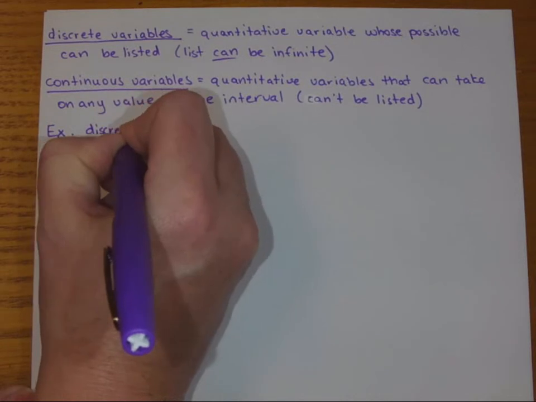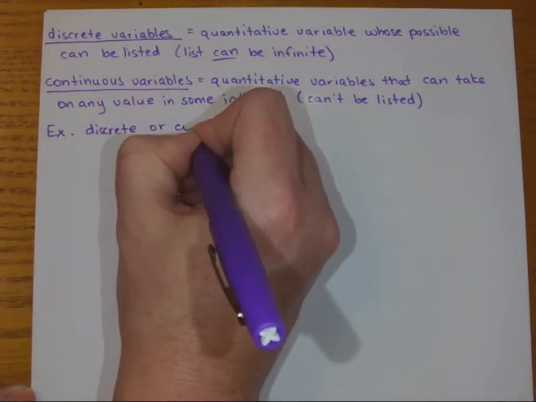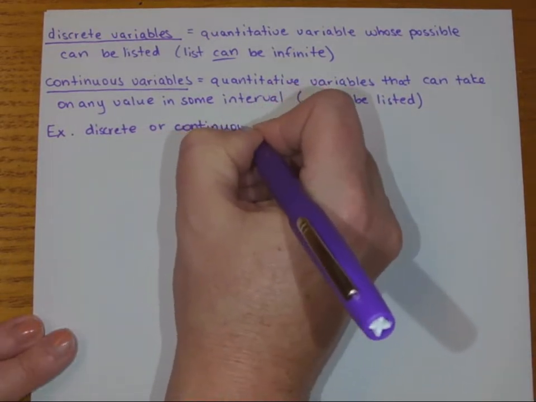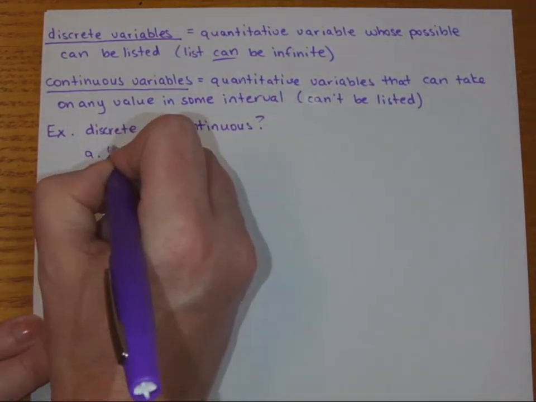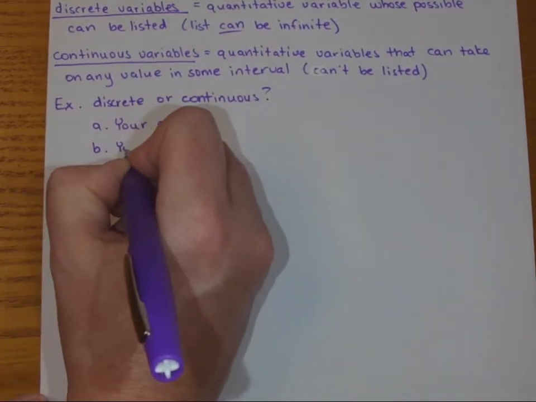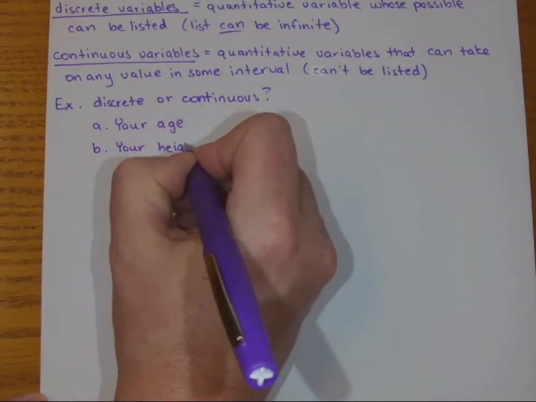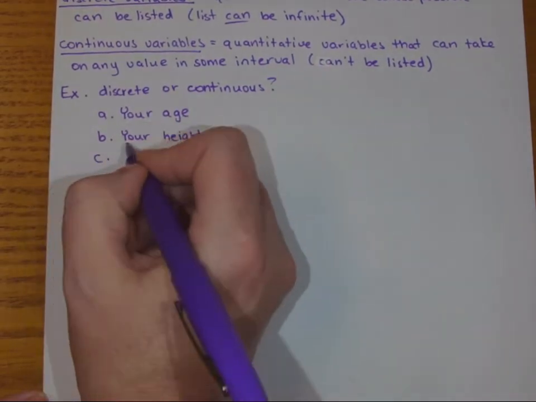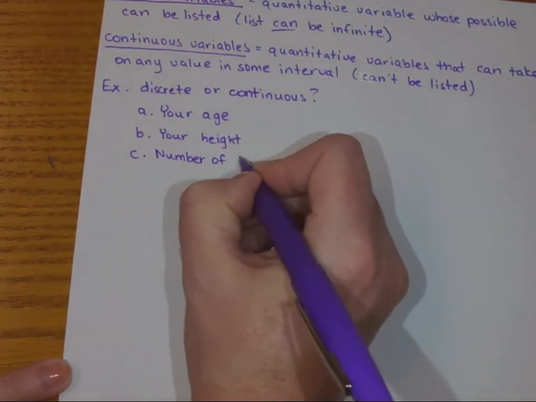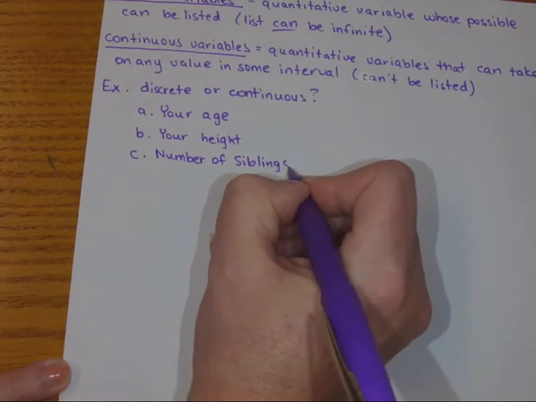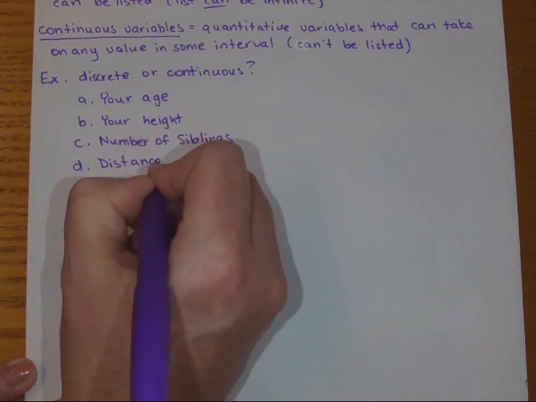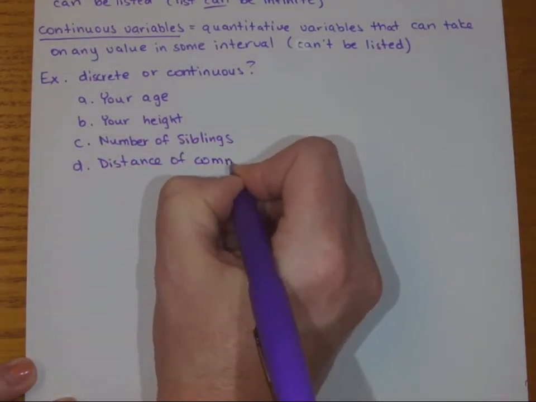So let's look at some number-based data and decide whether it's continuous or discrete. Okay, so let's say this is some data we're looking at. Your age, your height, the number of siblings you have, and let's say the distance of your commute to work.